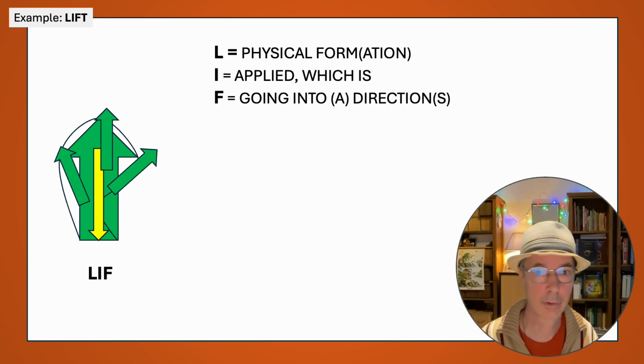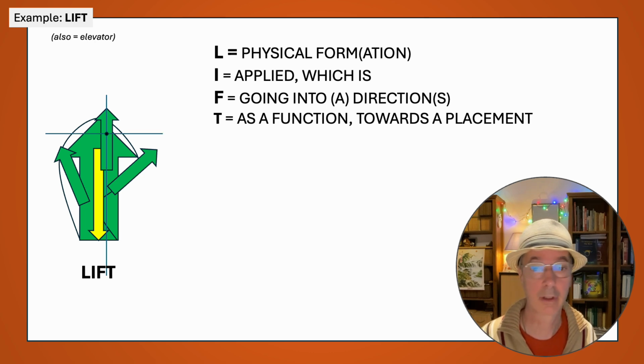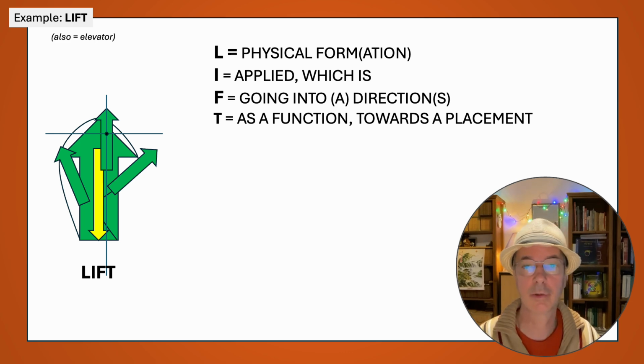F, this will go into all kinds of directions, minimum 3 kinds of directions, and the word ends as a function. So I have a physical form or formation applied to something that I can use as a general tool, and this tool, as the E says, you can use as a good idea.